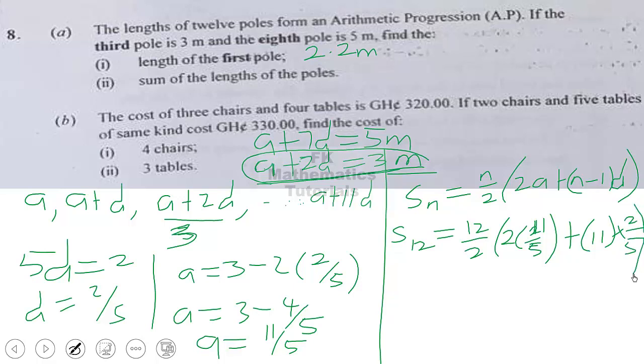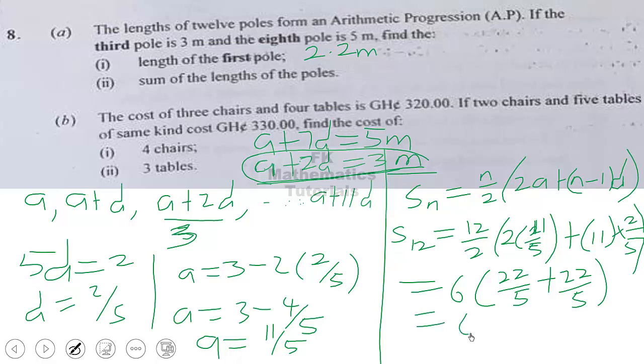So, in brackets, this will be equal to 6 times 22 over 5 plus 22 over 5.